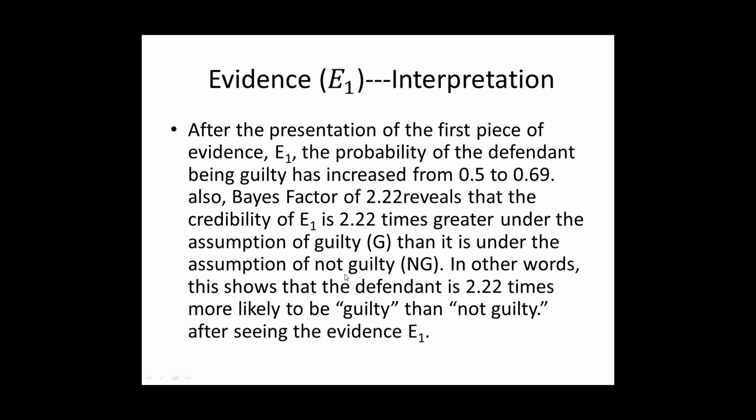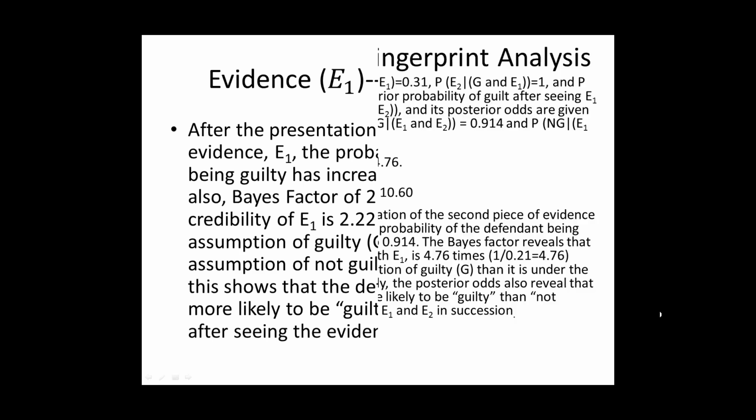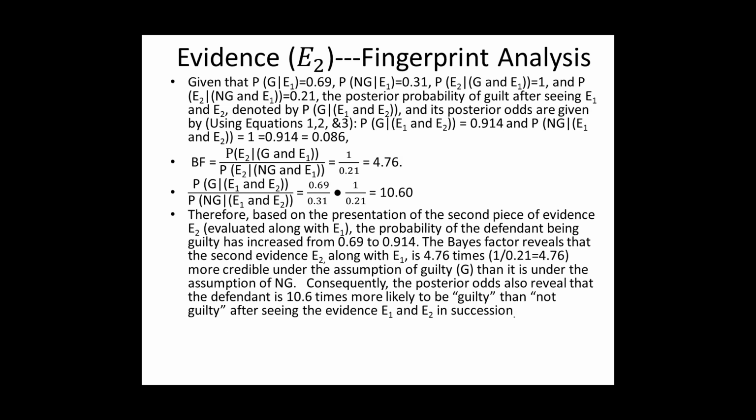And then we found that the posterior probability of the defendant being guilty, combining those two evidences, comes out to be 0.914, which is getting higher and higher. Plugging those numbers into the posterior odds ratio gives 10.60, which means the defendant is 10.6 times more likely to be guilty than not guilty after seeing the evidence E1 and E2.